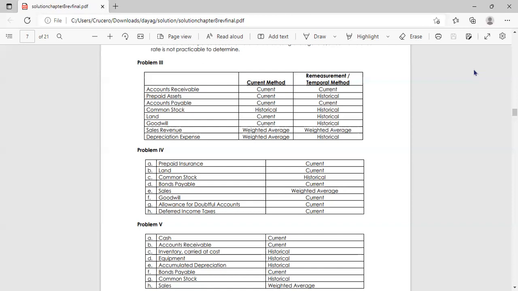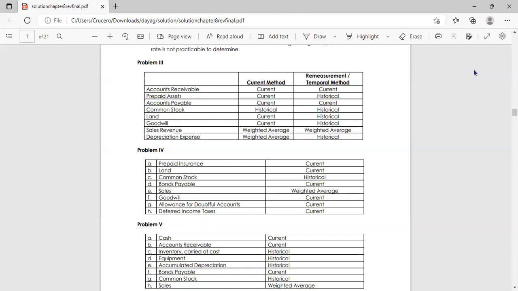And for method number 2, we use the historical rate. So for prepaid assets, under method 1, we use the current rate, and method 2, we use the historical rate. Remember that prepaid assets is non-monetary.